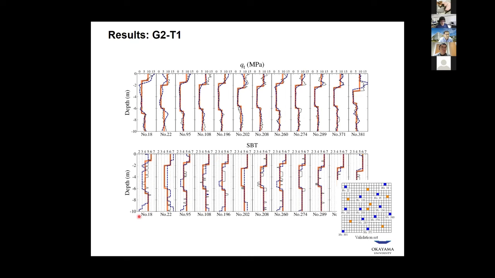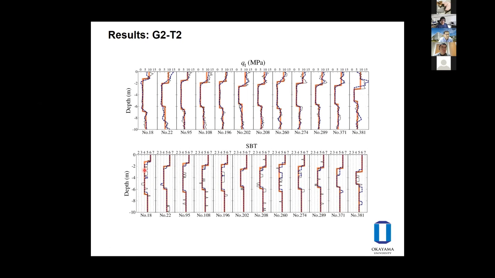So number 18 is located around the edge of the model ground. That's why estimating the profile around the edge might be a bit difficult. However, if you use a T2 training set, the performance improves a lot. So as you can see, GLasso gives us a very good estimation.